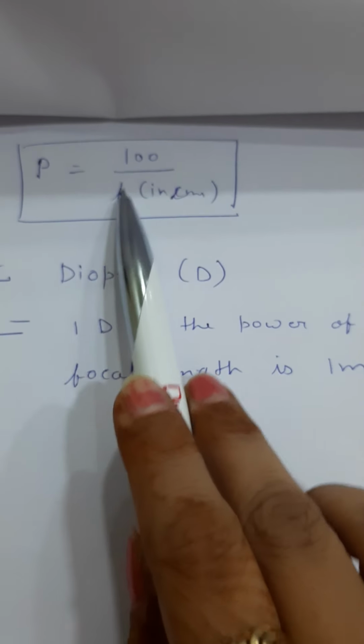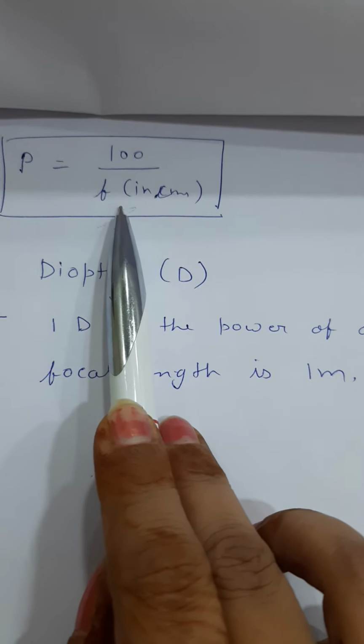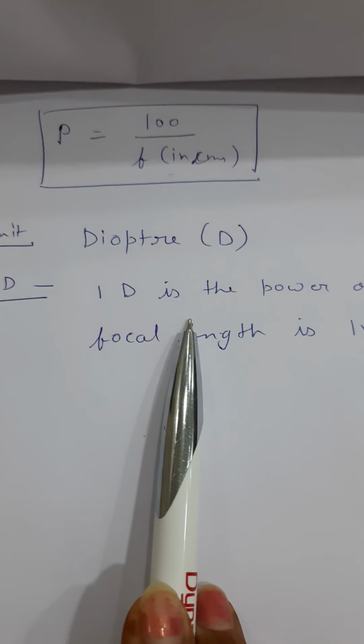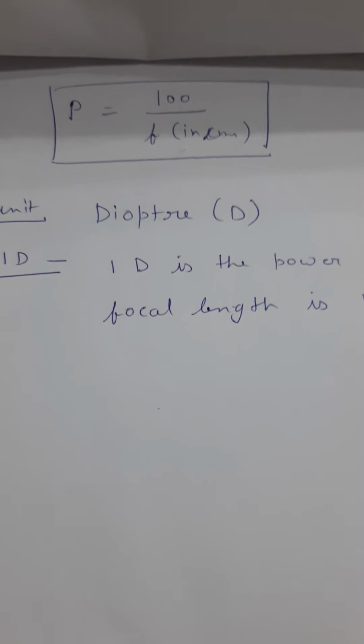How can we define one diopter? If the focal length of a lens is 1 meter, then the power will become 1 diopter. Okay, they can ask a simple question from here.